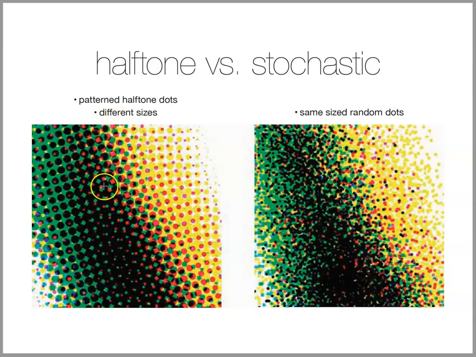Halftone is where you have the pattern, the halftone dot, with the line screen. And those dots are different sizes based on the color value. In other words, if we need a light blue, we might have a 5% cyan dot. If we need a dark blue, we might have a very large cyan dot, because the cyan is the same color. The shade that we see optically is created by the larger or smaller dot.